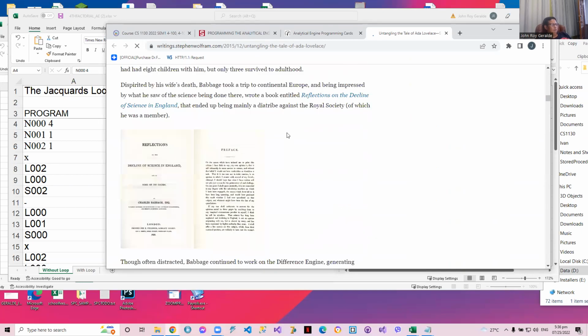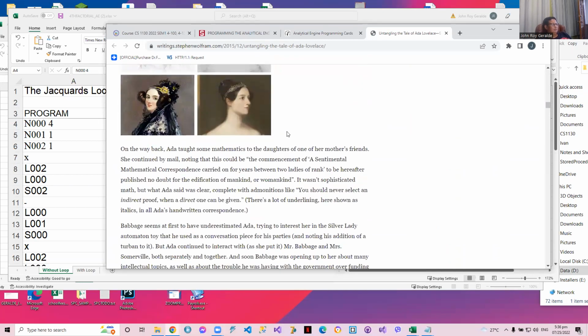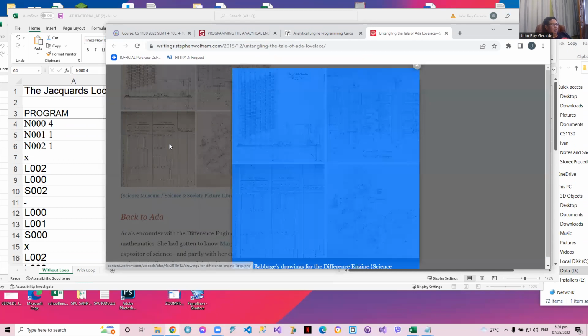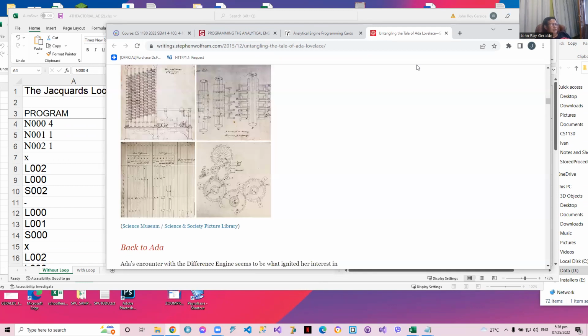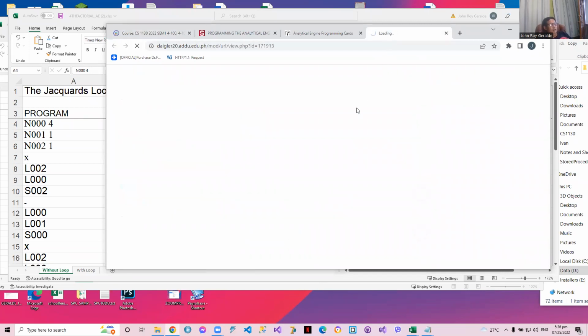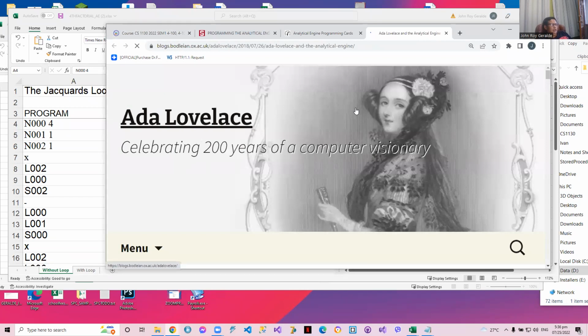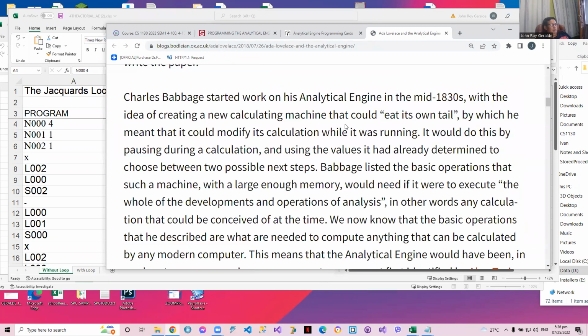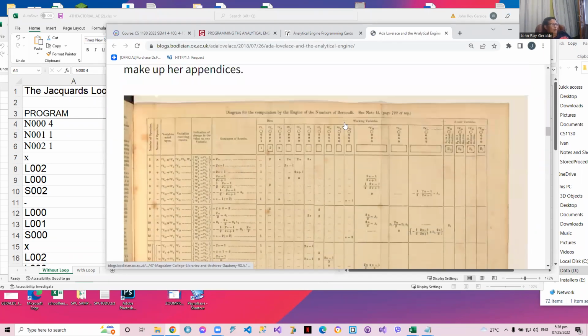It's here, but her program isn't here. There is one but it's small. Okay? This is the program written. Here it is. Let's have a bigger version. I think it's in Ada Lovelace and the analytical engine. This is her program. Do you follow?